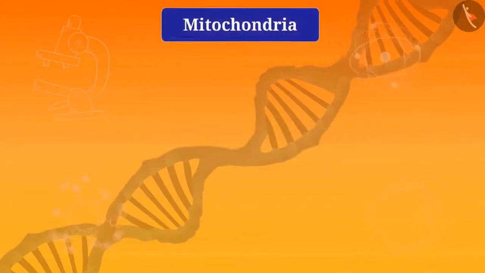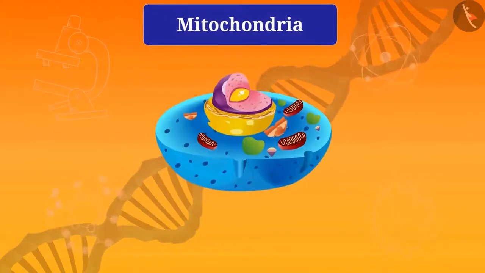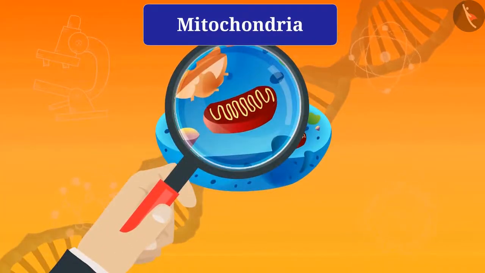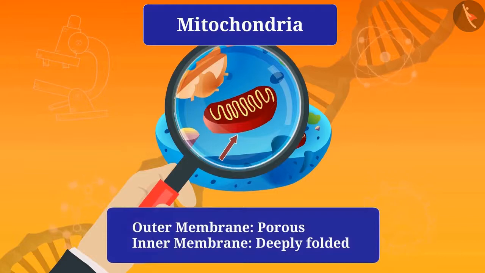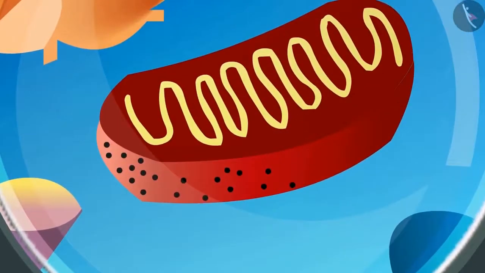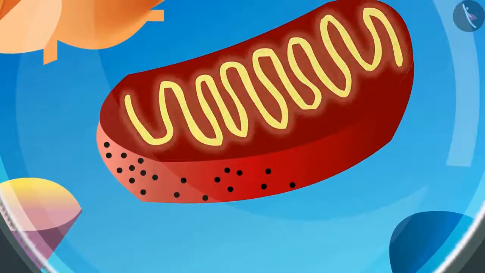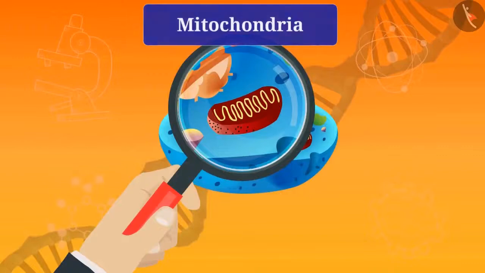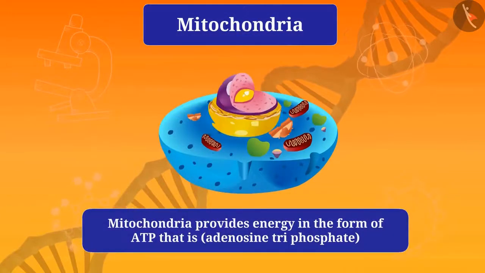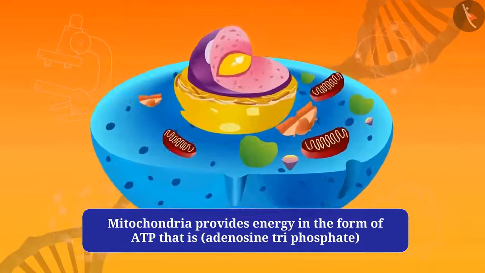Friends, we will now learn about mitochondria. Mitochondria has a double-layered membrane. One is the outer membrane and the other is the inner membrane. The outer membrane is porous and the inner membrane is deeply folded. Do you know, guys, where the cell gets energy to perform its essential functions? Yes, from mitochondria.